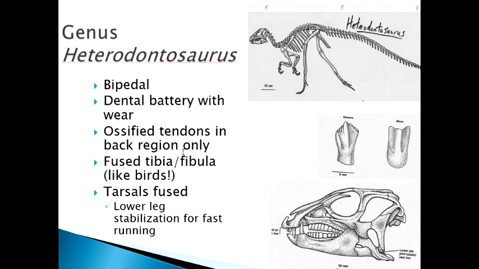But here's an interesting feature. It had a fused tibia and fibula. So the lower leg bone is fused into one bone. That's very much like birds today, although again, these things are not ancestral to the birds. And then the tarsals, the various ankle bones, they've been largely fused together.